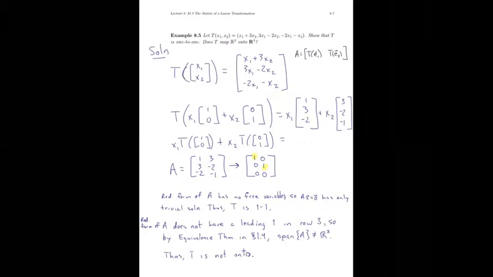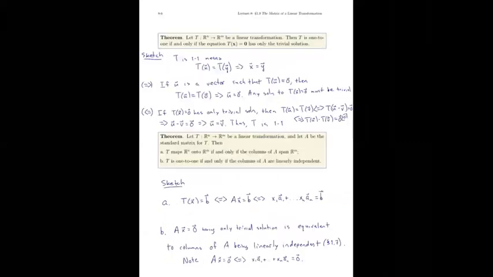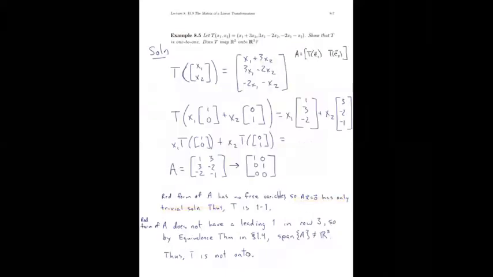So with both columns having a basic variable, it leaves room for no free variables. A has no free variables, so it only has unique solutions. It only has the trivial solution for Ax equals 0, is the most important part of that. And when we know that, we use the theorem on the previous page to deduce that T is 1-to-1. We're using this top theorem here. And that handles 1-to-1. That was nice and quick because that theorem is so helpful.